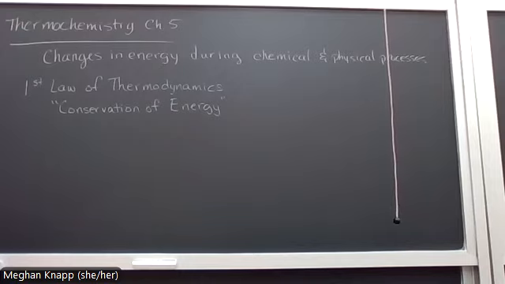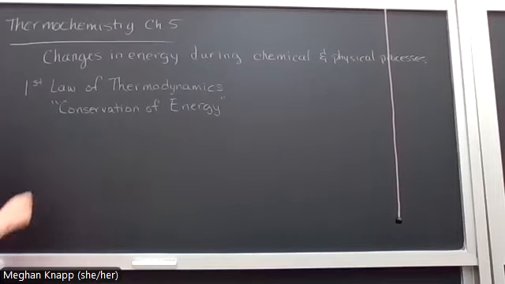So we have conservation of mass: before and after a chemical reaction, the masses are the same. The mass of the reactants is equal to the mass of the products. With the law of conservation of energy, it's the same thing, only it doesn't just apply to chemistry, it applies to all processes.